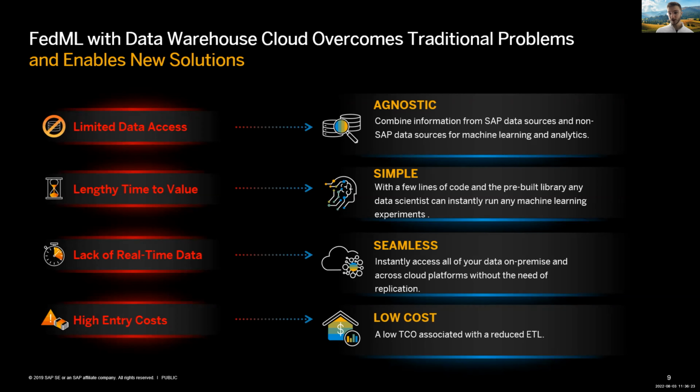It's seamless because instead of moving data, prepping and transferring everything to your native hyperscaler, you can instantly access and stream your data across platforms for your machine learning experiments. And it reduces your total cost of ownership because it eliminates the duplication, the replication, and the total cost associated with ETL.